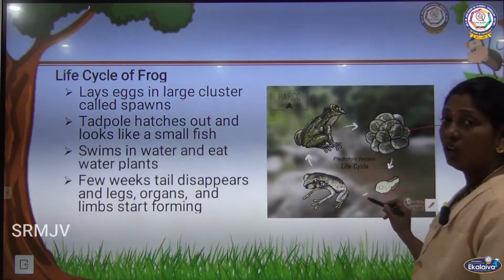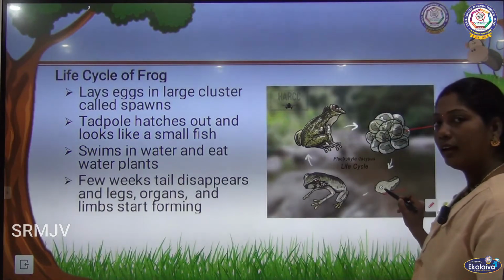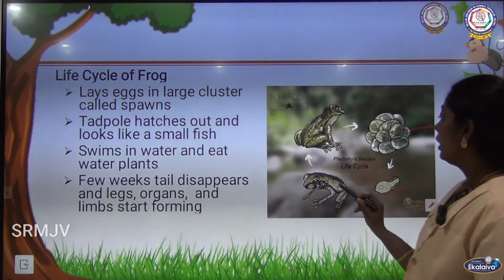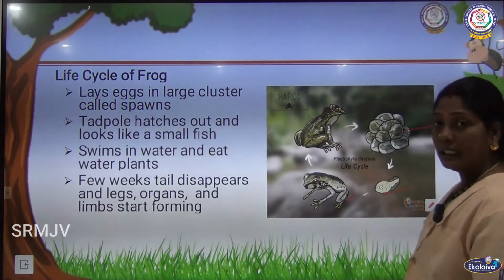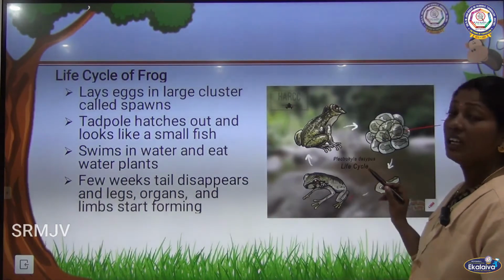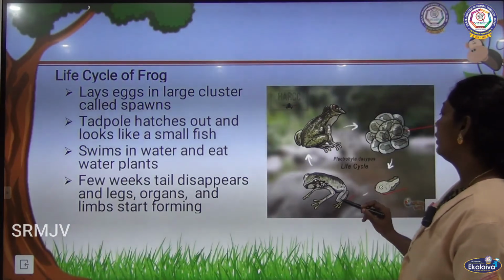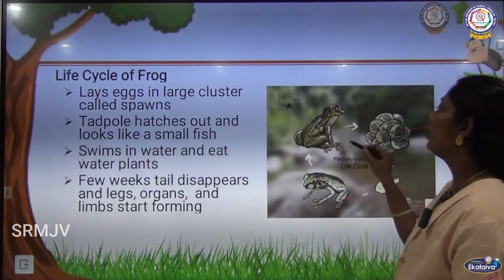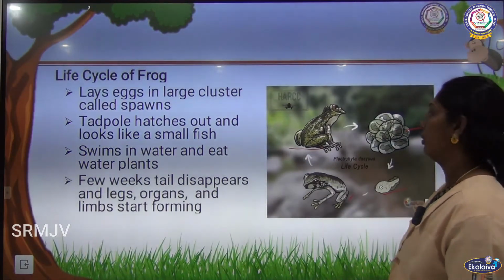It swims in water and eats water plants. A few weeks later the tail disappears and the legs and limbs are formed. Then it becomes an adult frog.